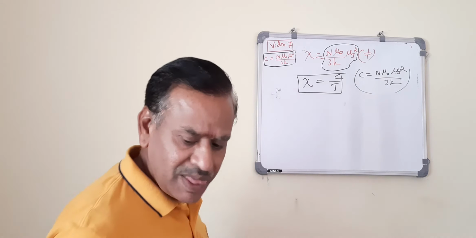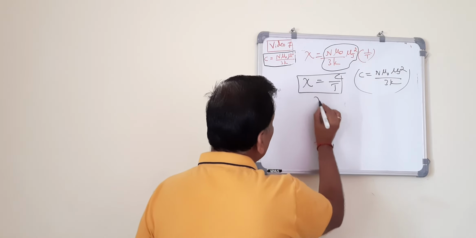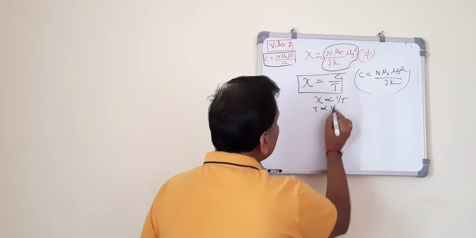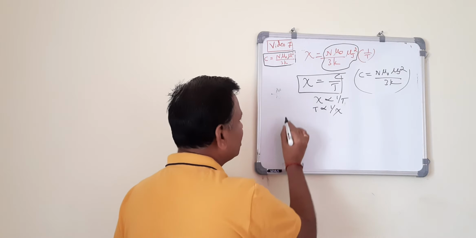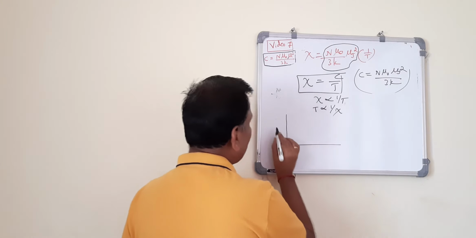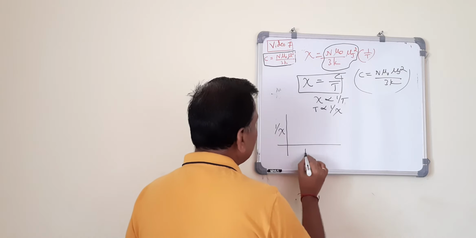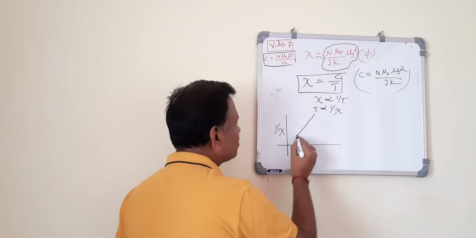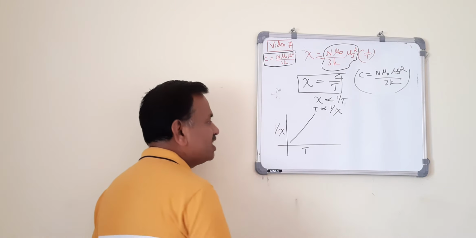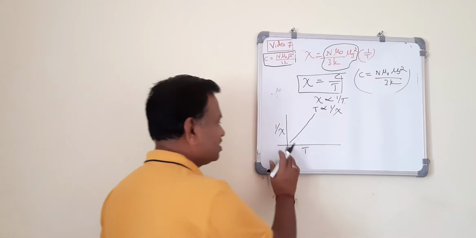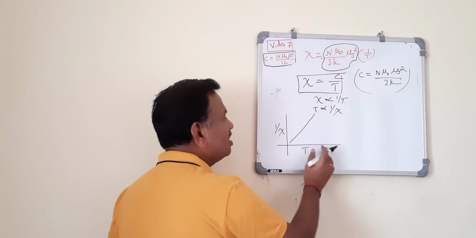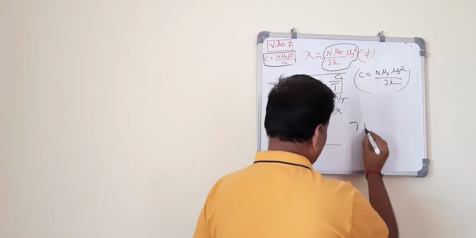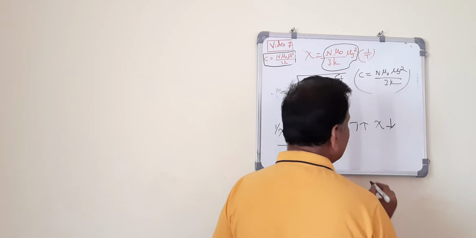C is a constant. And then chi and T, how are they proportional? We can write T is 1 by chi. So if I plot the graph of 1 divided by chi against temperature, this is the graph. As temperature increases, susceptibility decreases.